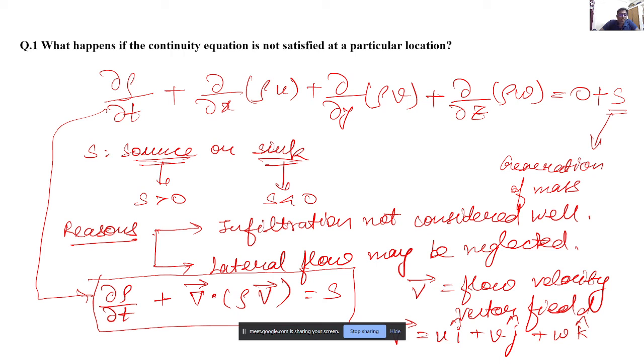And we also discussed several reasons why this may be happening. In most of the subsurface flow problems, it may be because the infiltration is not correctly considered, or the lateral flow may not be considered correctly. Again, I would just put some light on this expression of the continuity equation. This expression actually is very interesting. Why?